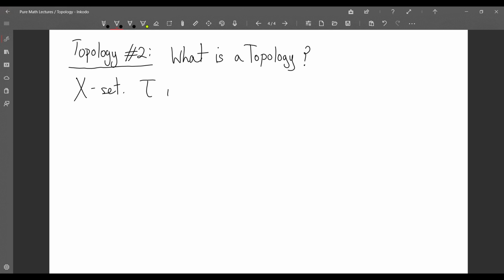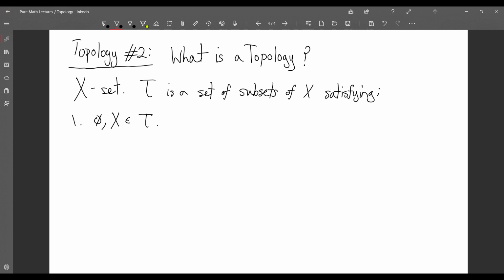This is going to be a set of subsets of X satisfying the following three properties. The first property is that the empty set and X are going to be elements of T.